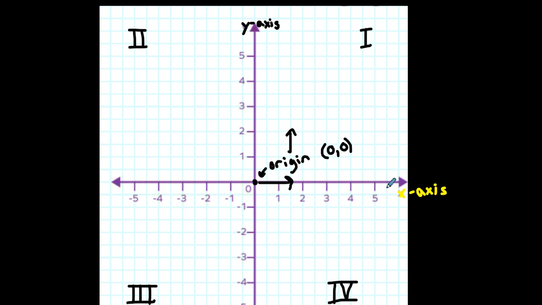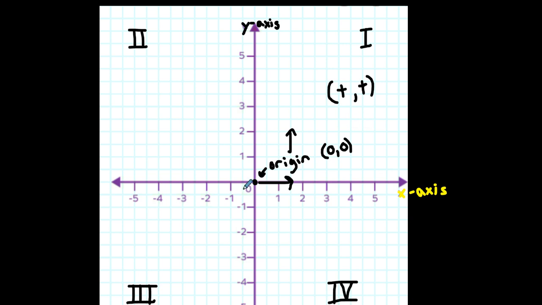In order to go right on the x-axis, the x-coordinate has to be a positive value. In order to go up on the y-axis, notice all the numbers going up are all positive, so it also has to be positive, which means that as long as you have a positive x and a positive y, it will be in quadrant 1.